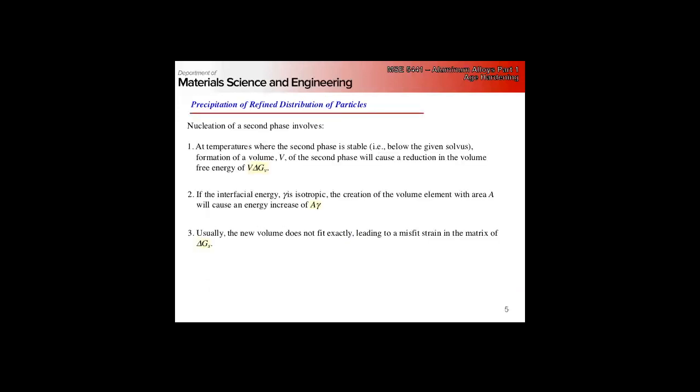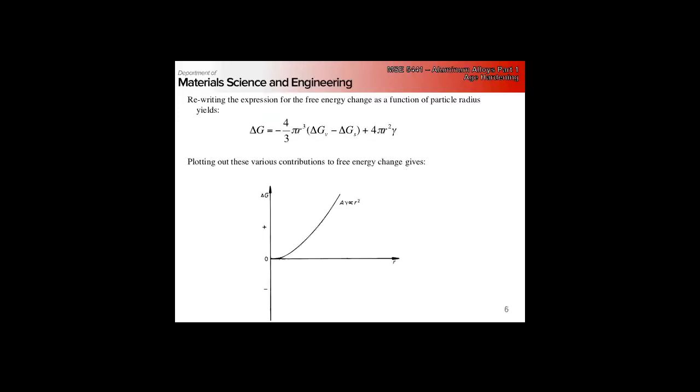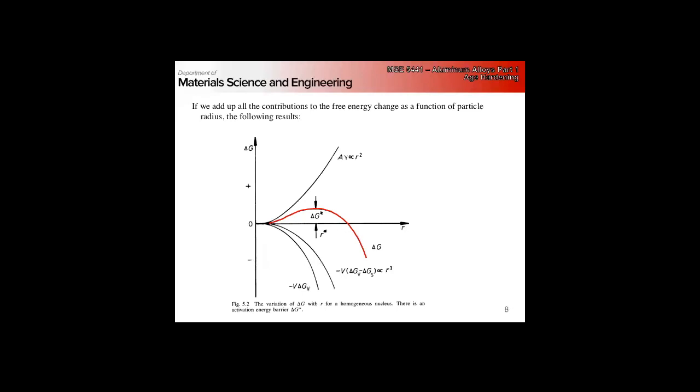Okay, so this is an important picture to understand. What happens if your surface energy goes higher? Your delta G star gets higher, and your stable nucleus size gets larger.